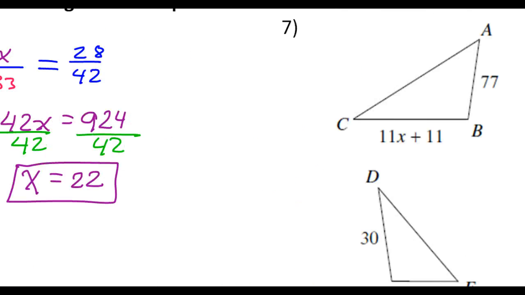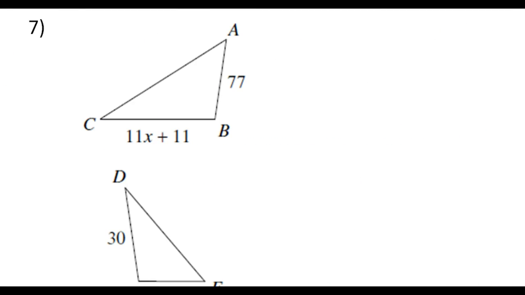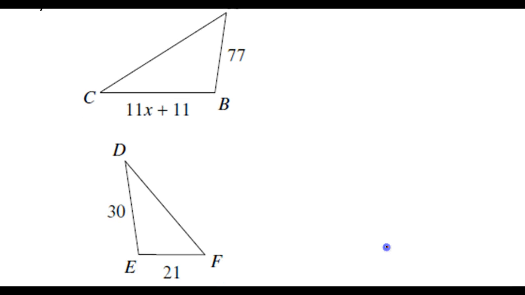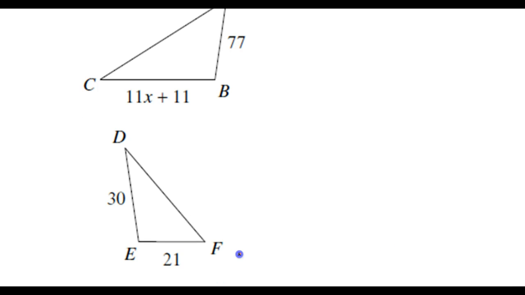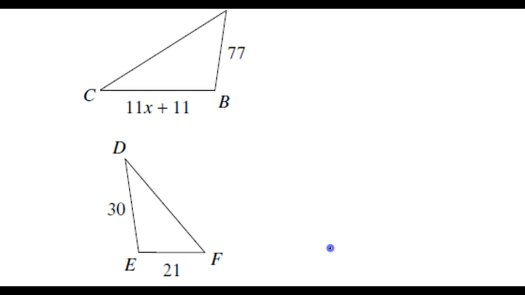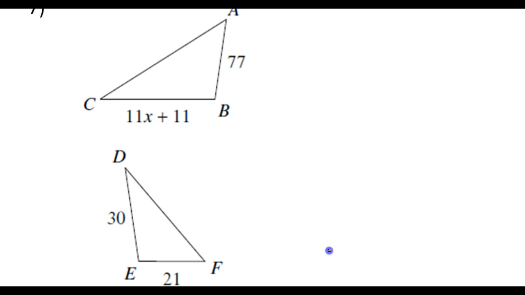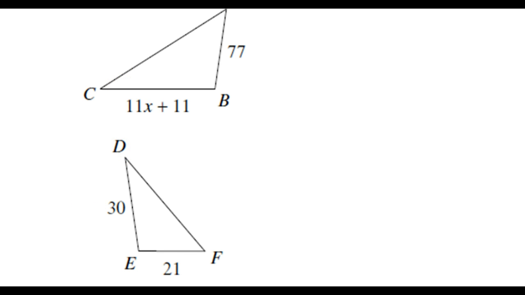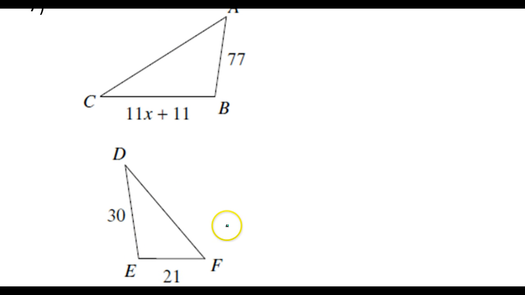So how about number 7? Same type of thing. We've got to be careful about what the corresponding sides are though. Without a similarity statement, I think we have to go by the scale of the drawing, which normally the drawings are not to scale, but I don't think we have a choice because we have to decide how these match up.